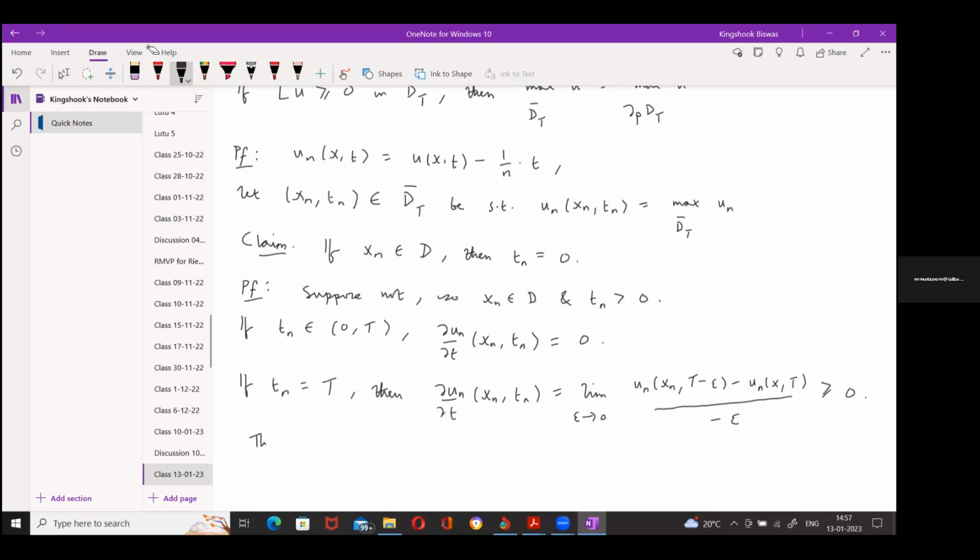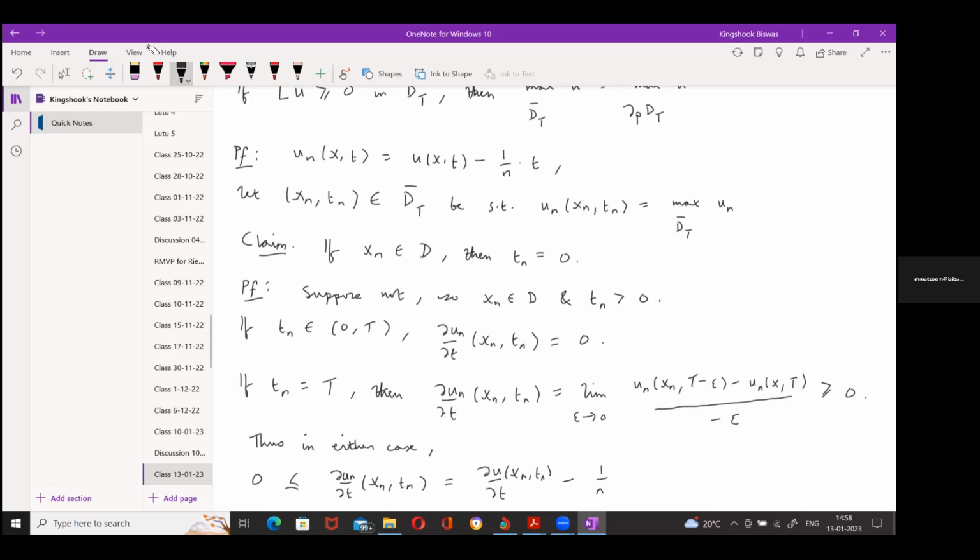So thus, in either case, 0 is less than or equal to del un del T of xn, Tn, and this is equal to del u del t at xn, Tn minus 1 over n.